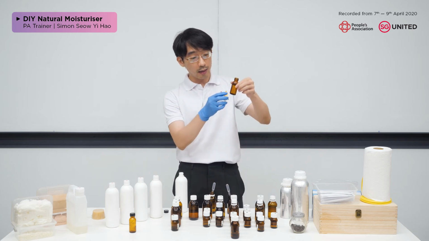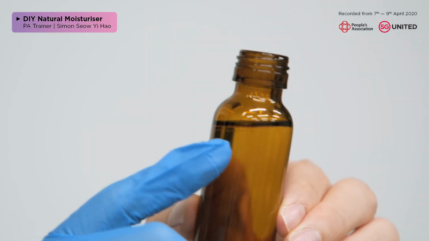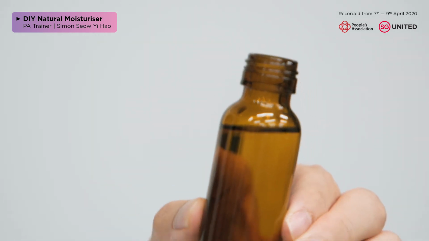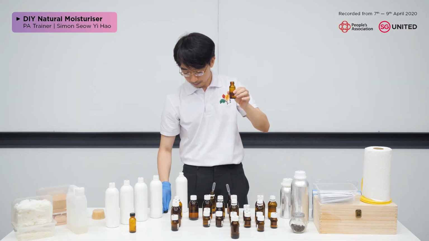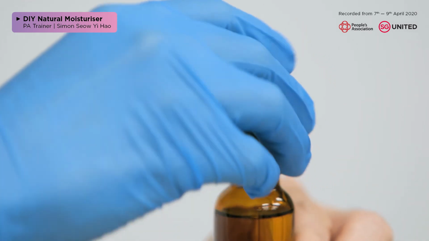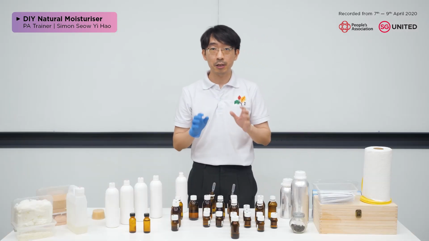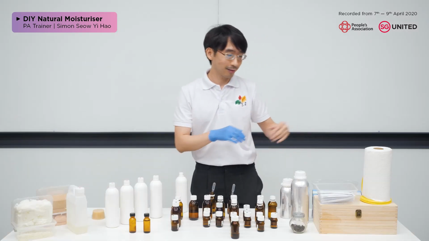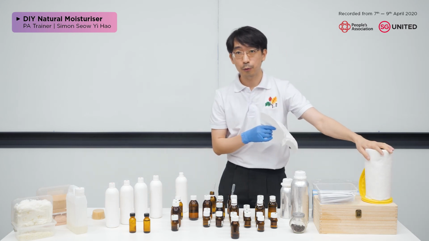Now the oil has gone into your carrier oil. You can see that it's formed a layer here. Okay? What you need to do is now close it up. You must always keep a clean workstation. Have a towel roll ready.